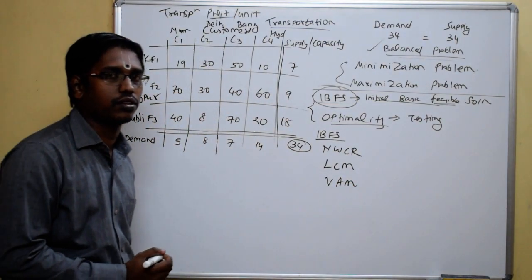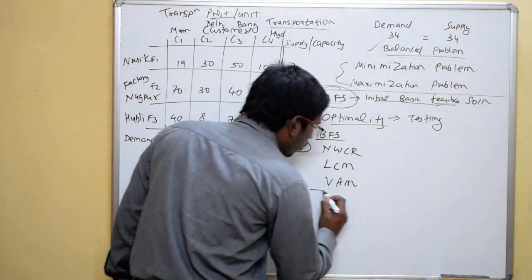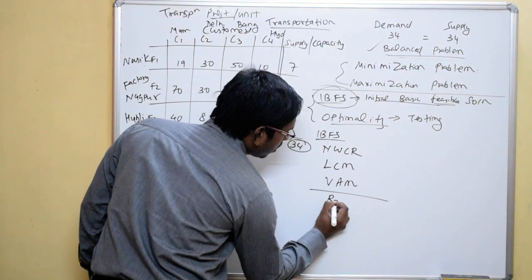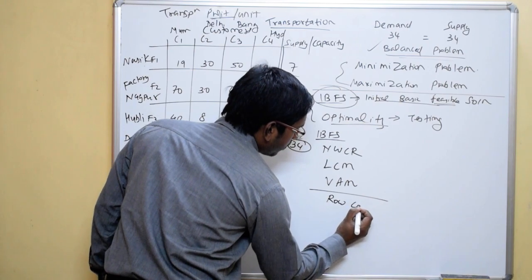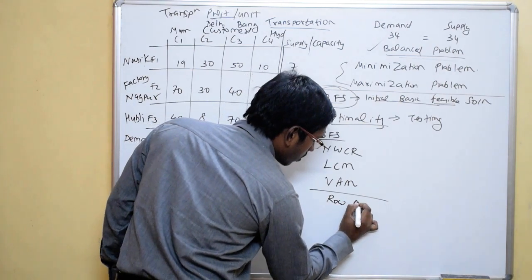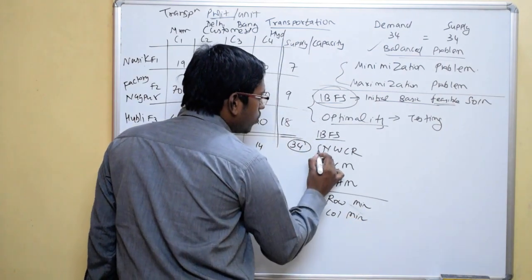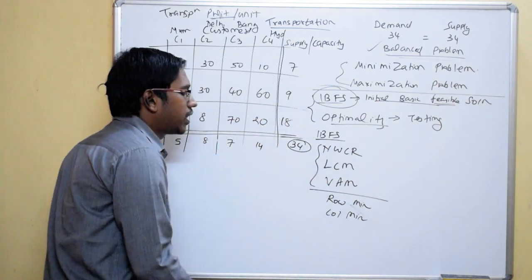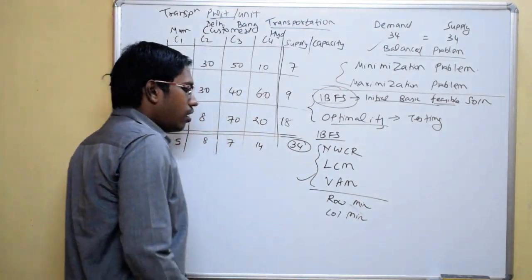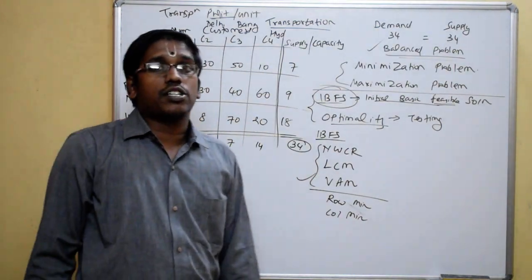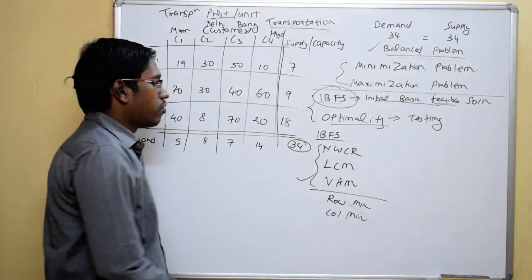We have yet a few more methods, let's say row minimum, column minimum. Mainly we use the northwest corner rule, least cost method and Vogel's approximation method. If nothing is mentioned in a given problem, we generally use Vogel's approximation method.